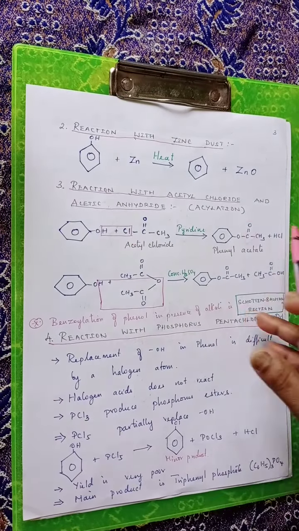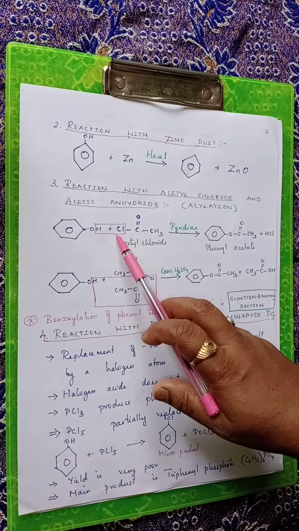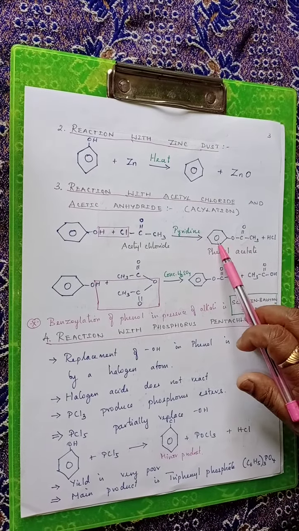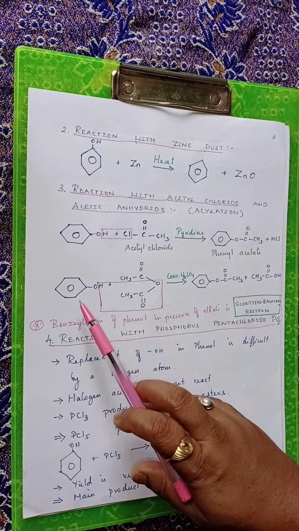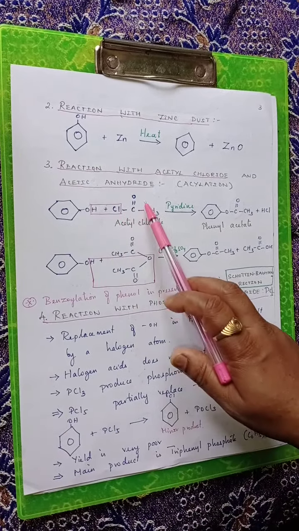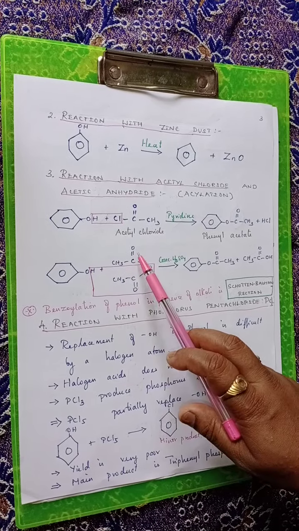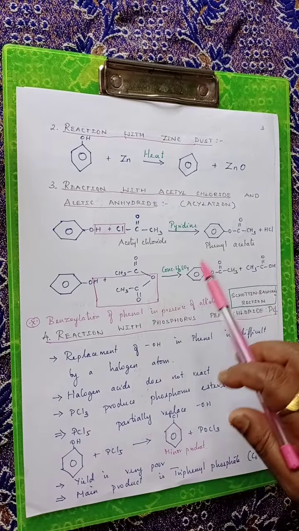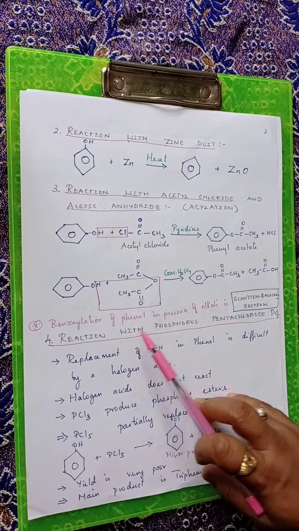HCl evolves as the minor product. And phenol with acetic anhydride, CH3CO, CH3CO, with the loss of water gives this acetic anhydride.